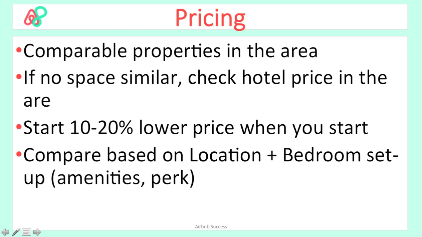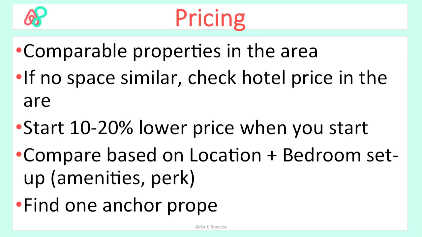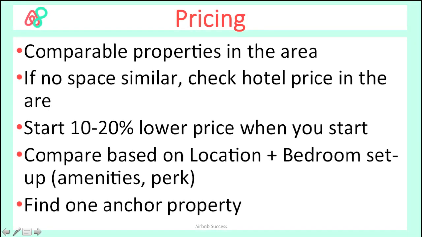When you add all of that up, then you can decide on the price you will put on Airbnb as a standard. Find one anchor property in your area to work around.